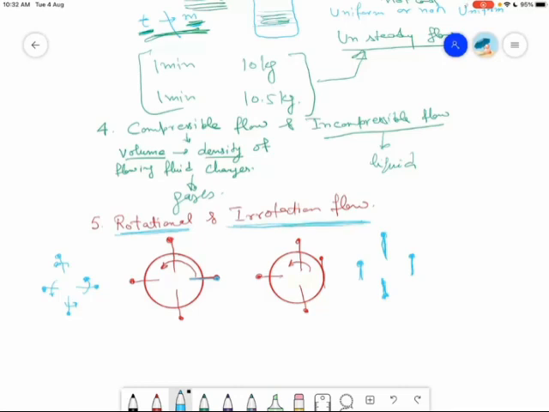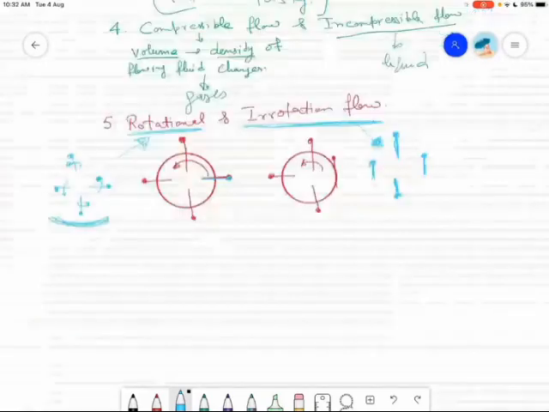If those particles rotate about their own axis, they change their orientation, we call it rotational flow. If the particles do not change their orientation within the flow, that we call irrotational flow. ठीक है, now I write its definition.